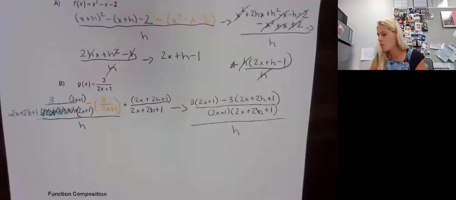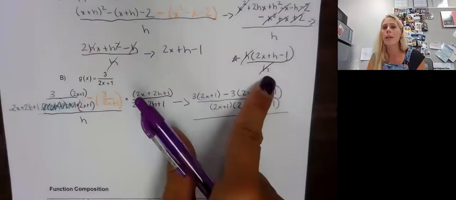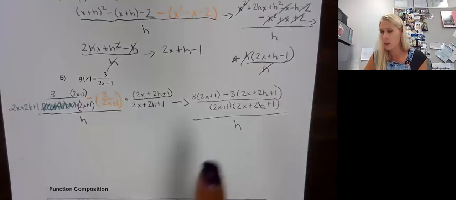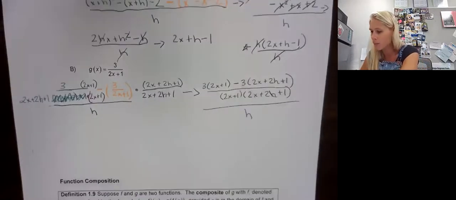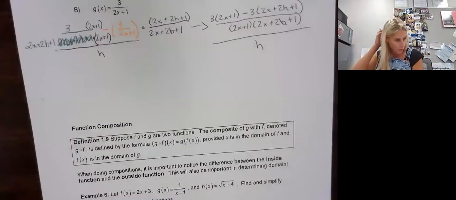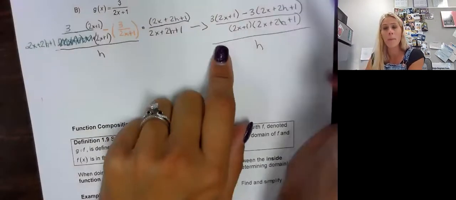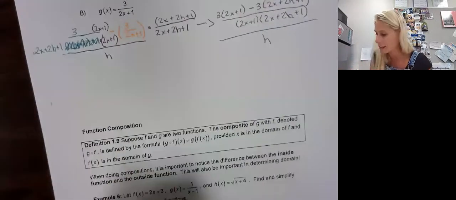A lot of you might want to cross those out. You cannot cross anything out until your final step. The other thing you know this is because there's a subtraction there, so you cannot cross it out. But what I can do is do my denominator. Remember, you multiply by the reciprocal. We did that on the other side.